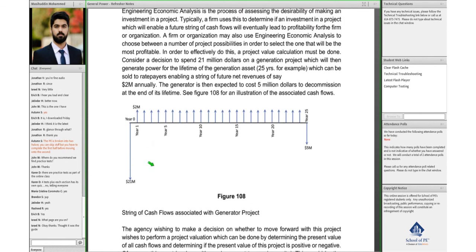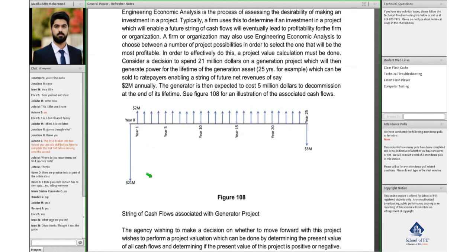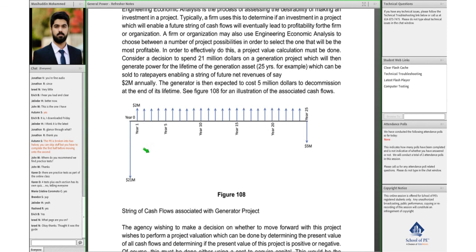As a utility, they're trying to figure out whether it's a good investment or not. So how do we do that? The biggest thing here is that the value of money today is better than later. For example, if you have $100 today, that's better than $100 next week. That's how the value of money degrades.